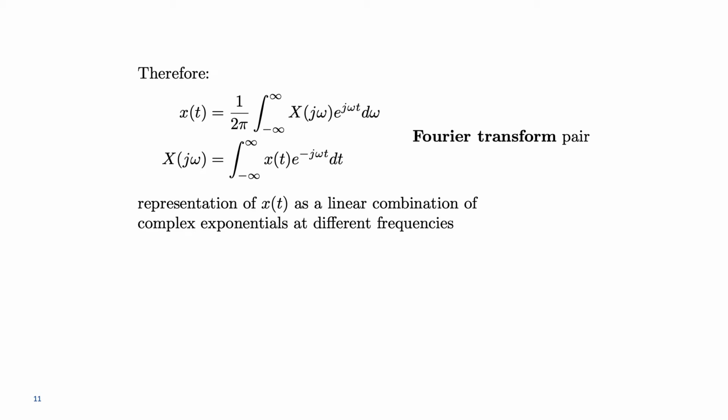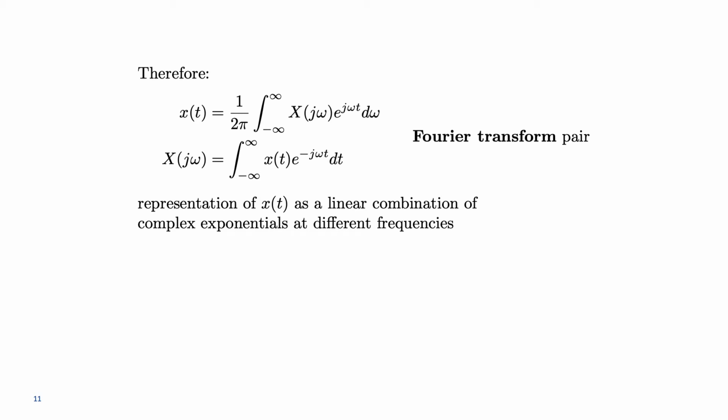This can be regarded as some sort of anti-transform formula or as the Fourier representation. So we are representing x of t as a linear combination of complex exponentials at different frequencies omega.